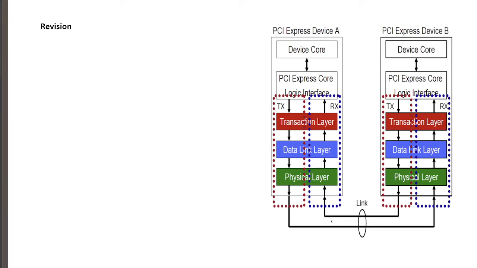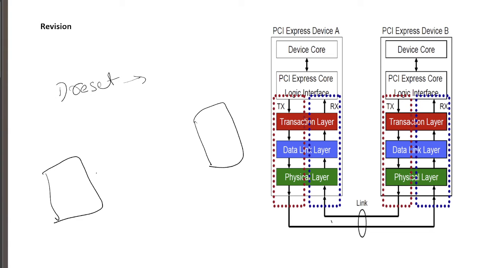For every device, the first step is reset. Reset is a state. We need to start from reset only, because if you are doing any initialization, you want to reset first. Once reset is done, you have an RC and an EP, and you have to do the link training.